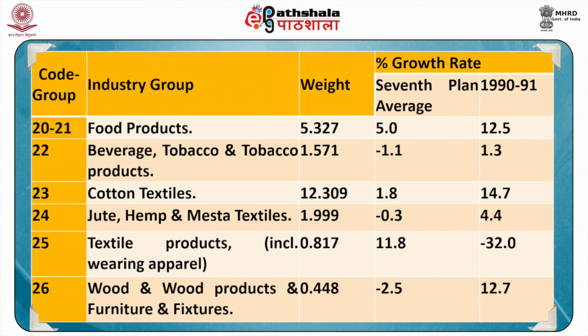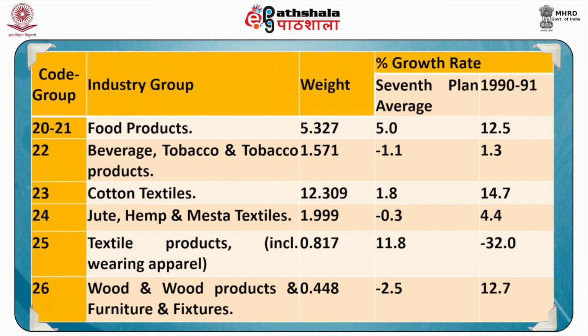Food products of weight 5.327 had a growth rate of 5% in the 7th plan and 12.5% in 1990-91.